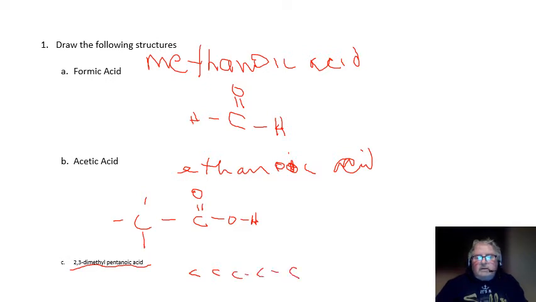Notice that I don't have to tell where the functional group is, because it always comes off at number 1, the end, depending on which way you go. So we'll put it over here. This is the number 1 carbon, and it tells me I need to put a methyl on 2 and 3.